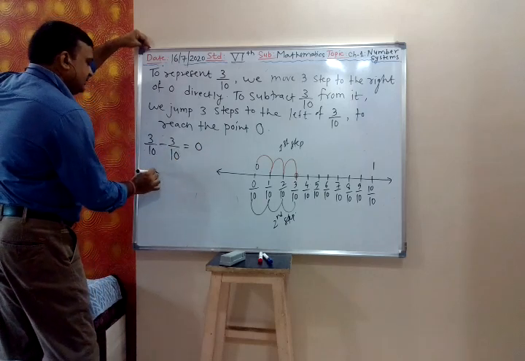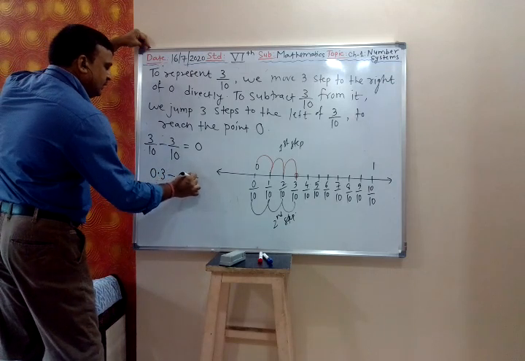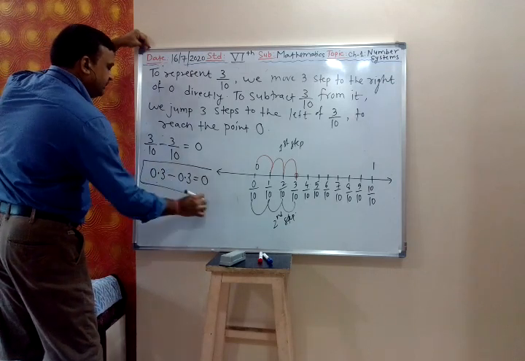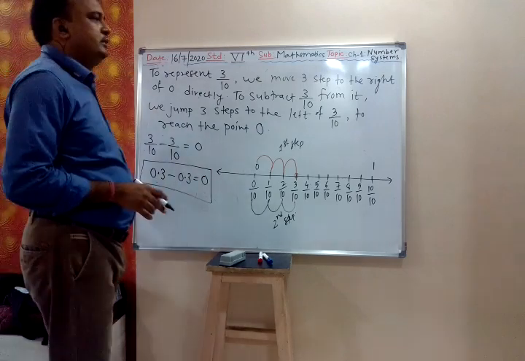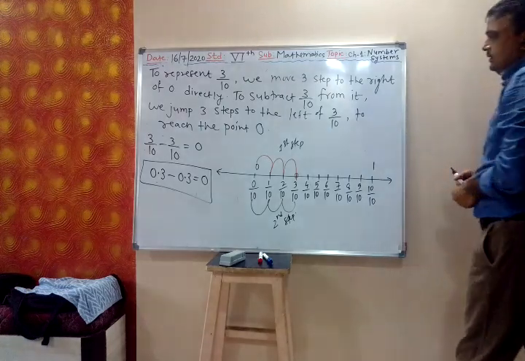3 upon 10 is same as 0.3. So 0.3 minus 0.3 is 0.